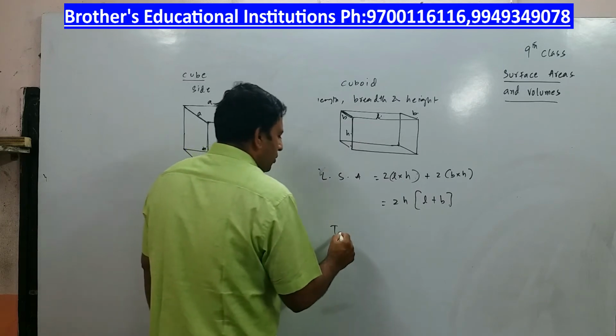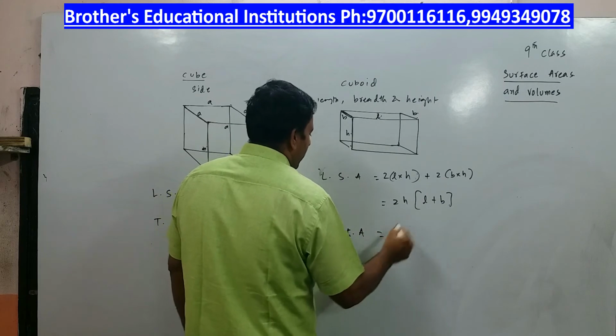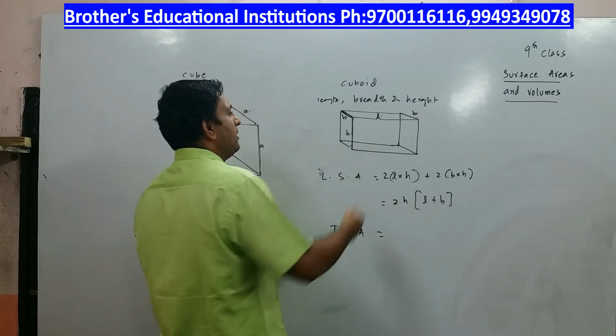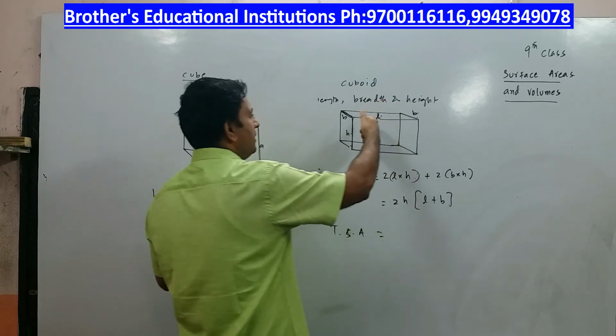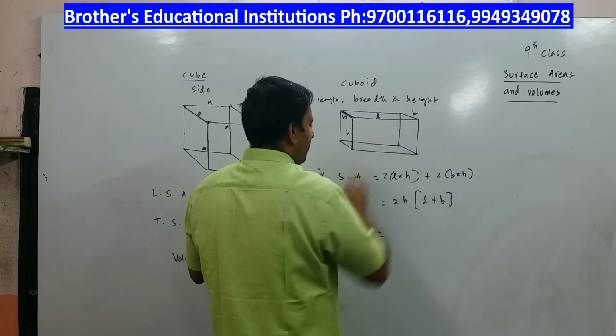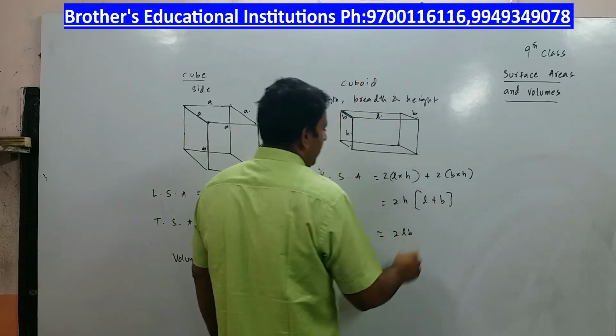Now if I ask you what is the formula to calculate the total surface area of a cuboid, the moment I said total surface area, how many faces you are going to get? 6 faces, right? 4 rectangular faces and 2, all of them are rectangular faces. Now you have to identify the face. This is face 1, face 2. So it is 2 times LB.